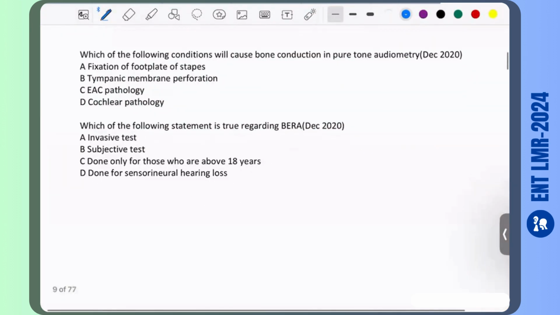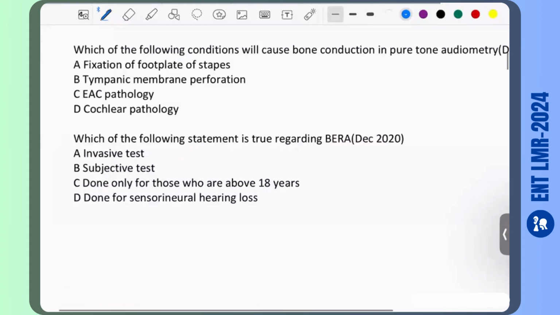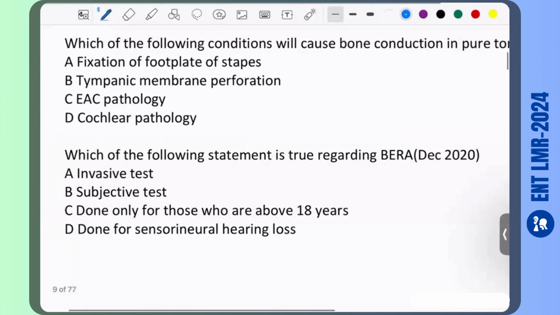Which of the following conditions will cause bone conduction loss in pure tone audiometry? In pure tone audiometry, bone conduction will be better in conductive pathology. Footplate fixation, tympanic membrane perforation, and ossicular chain pathology all affect only air conduction.